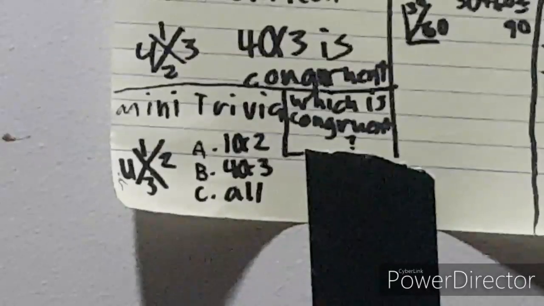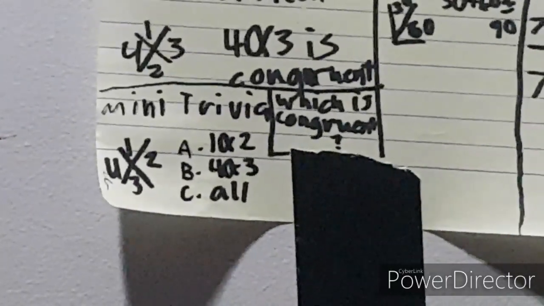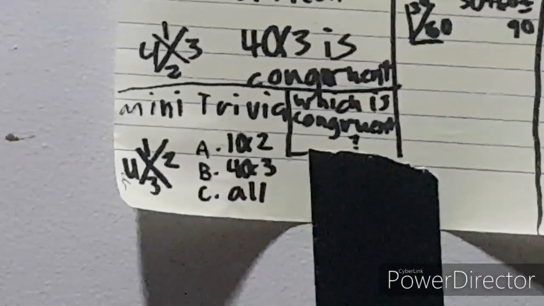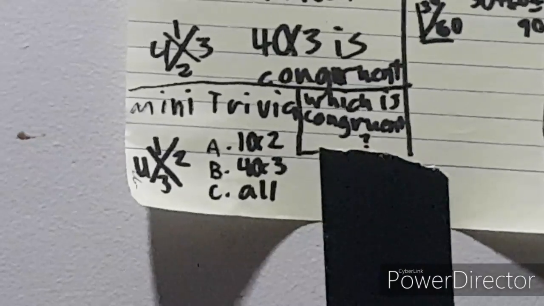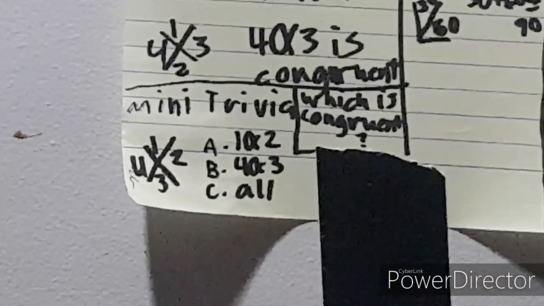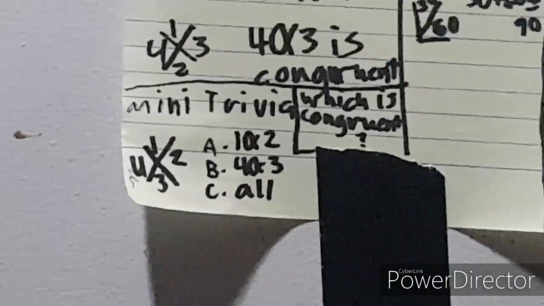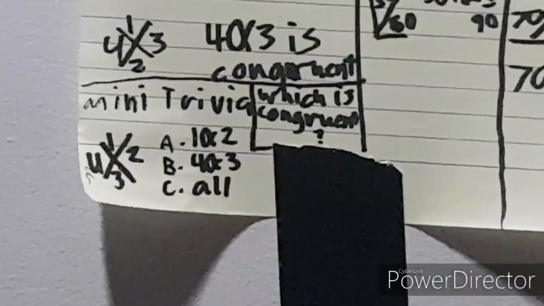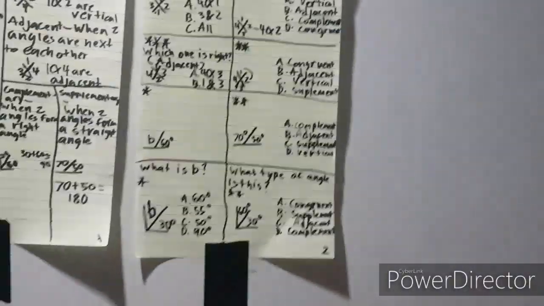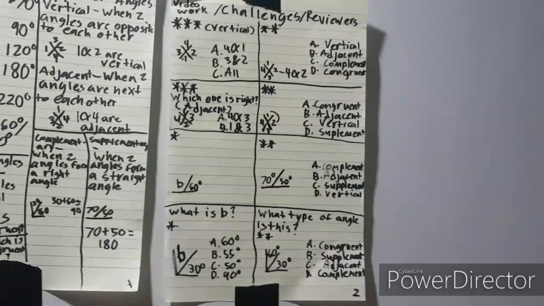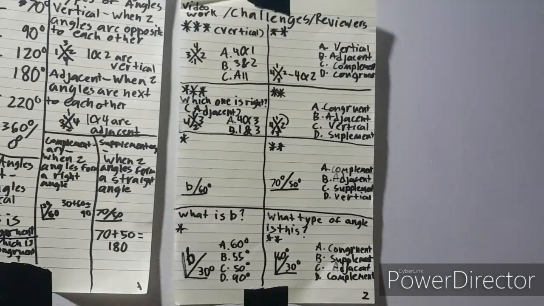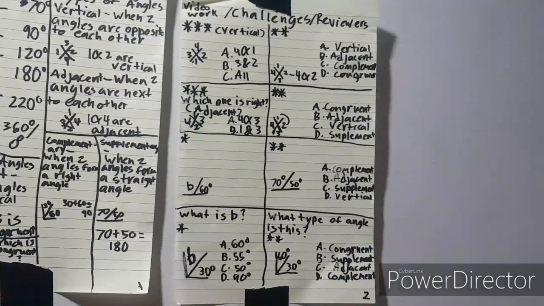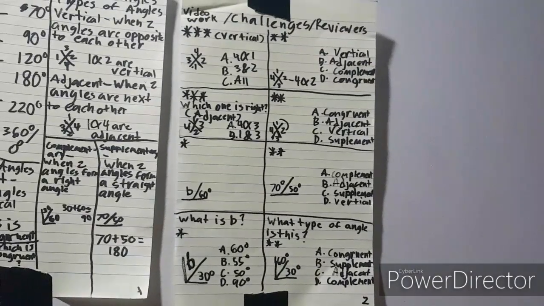For the congruent side, which is congruent in the angle there, I'll give you 5 seconds to answer it. Since you're done, let's move on to the bigger one. For everything there, 1 asterisk equals the same number with the question there. Okay, what is B? It has an asterisk, so it continues to the other one.